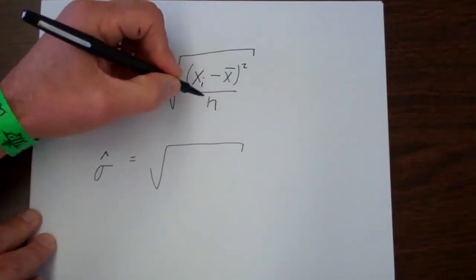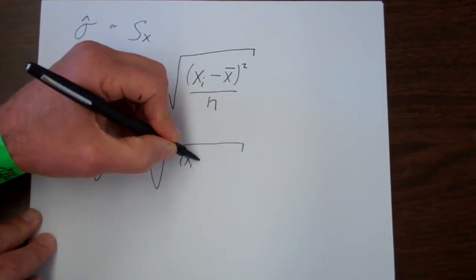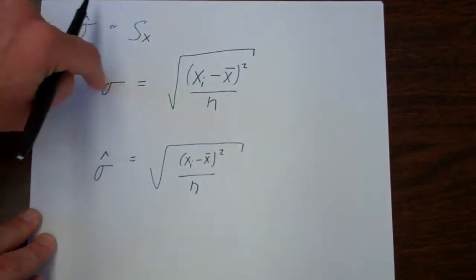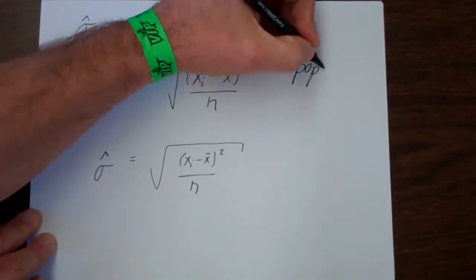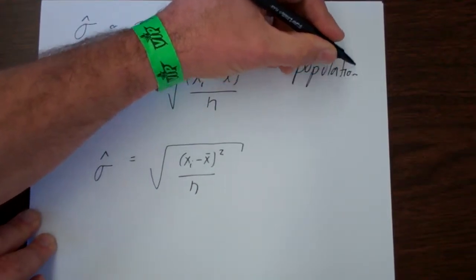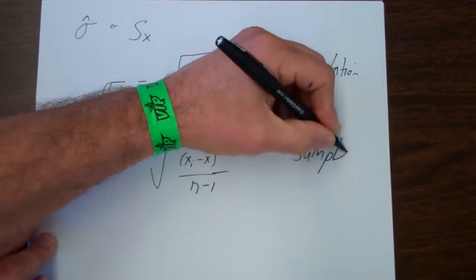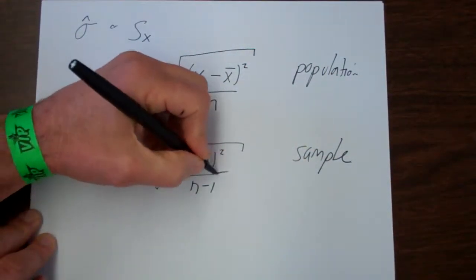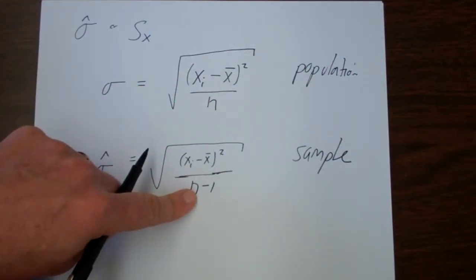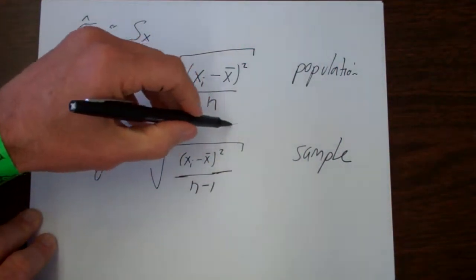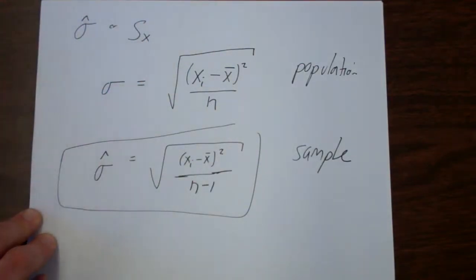Instead of dividing by n, you divide by n minus 1. The reason is that here you're using the population, and here you're using a sample. Because you're using a sample, you're less sure, and the way we show we're less sure is by dividing by a smaller number, which means we get a bigger number. So this is the formula we're going to use.